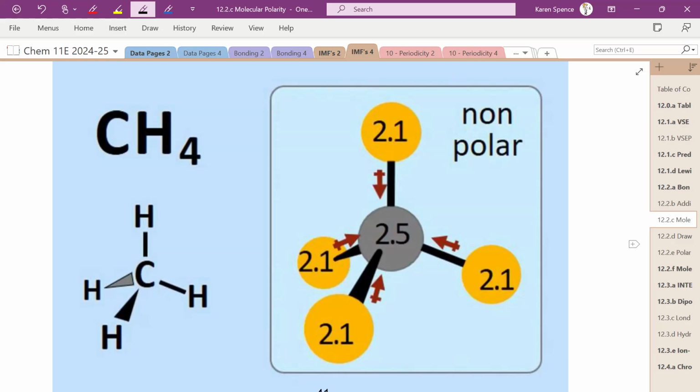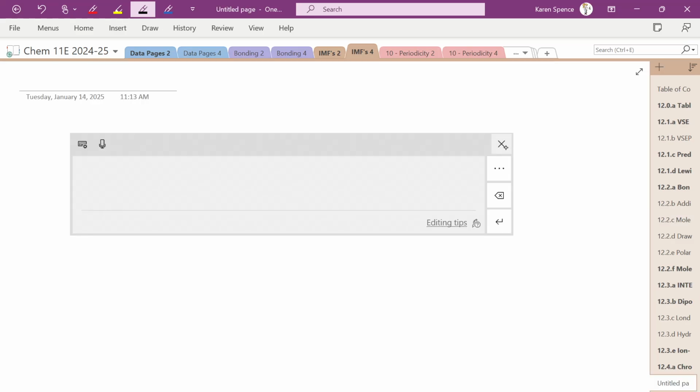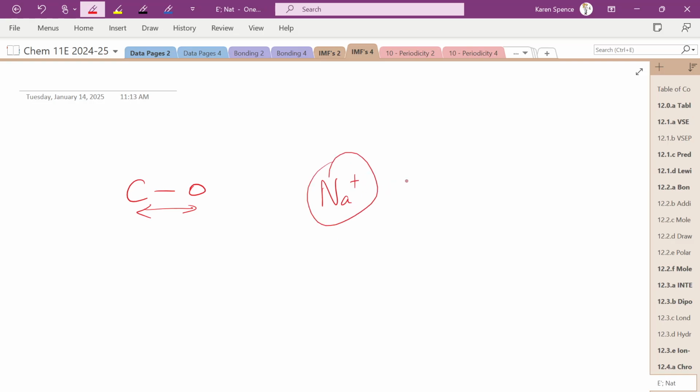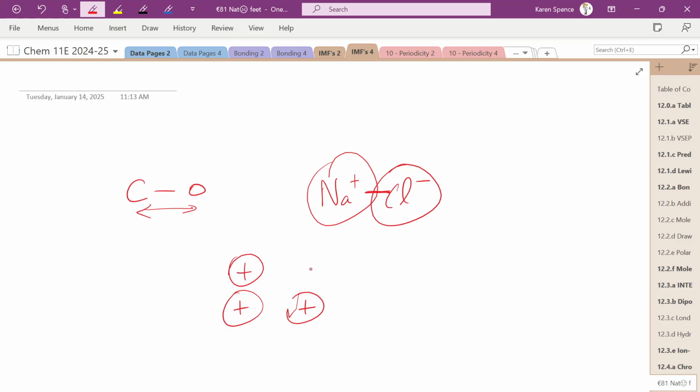A non-directional bond means something I came across this morning too, and I didn't really like it. So if I have CO, it's only in this direction, yes? If I have Na plus and Cl minus, it's only in this direction. But in metallic bonding, I've got my cations and I have my electrons.